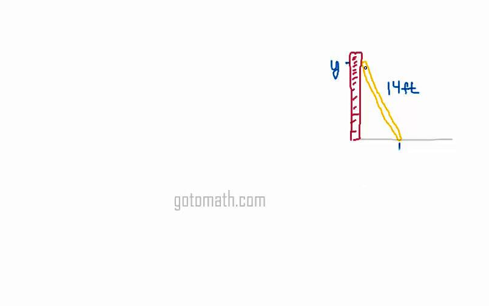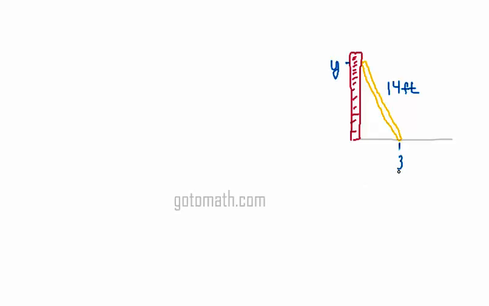This ladder is sliding down this wall, and this is the base, which is going off in this direction. The base is 3 feet from the wall, so we'll label this as 3. This is like the XY axis, where this is the origin here.